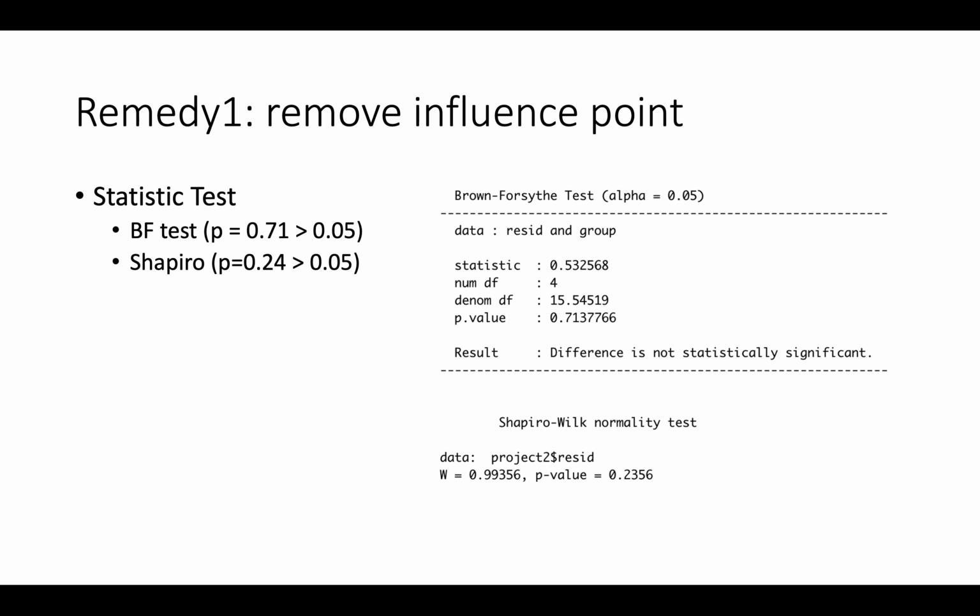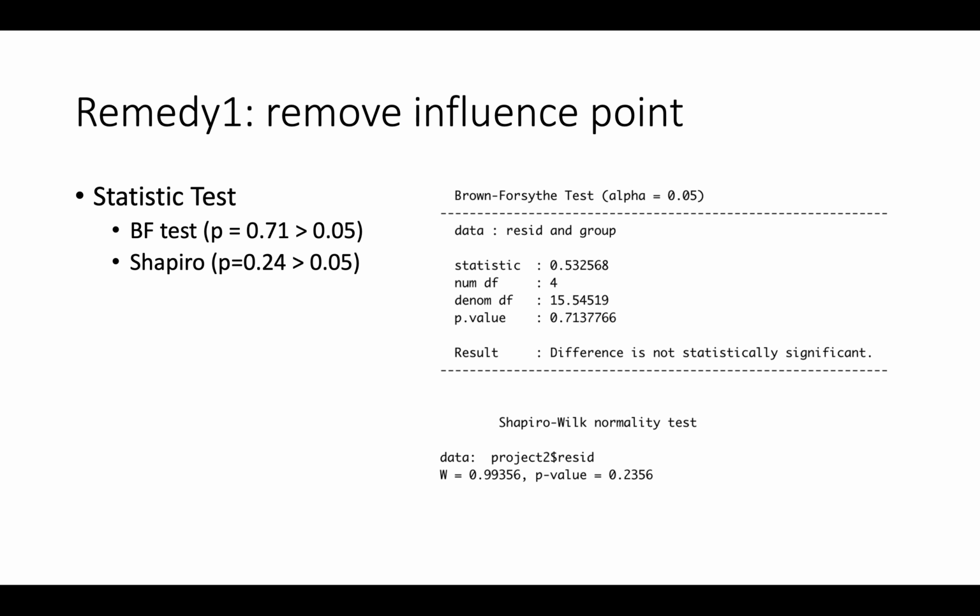For the BF test, I cut the dataset into 5 groups, and surprisingly, the result shows that there is no evidence that the dataset violates the constant variance assumption at the level of 0.05. And the Shapiro test also shows that there's no evidence that the dataset violates the normal distribution.